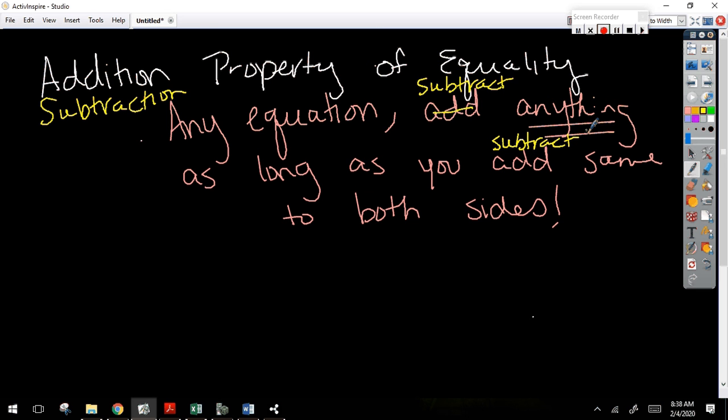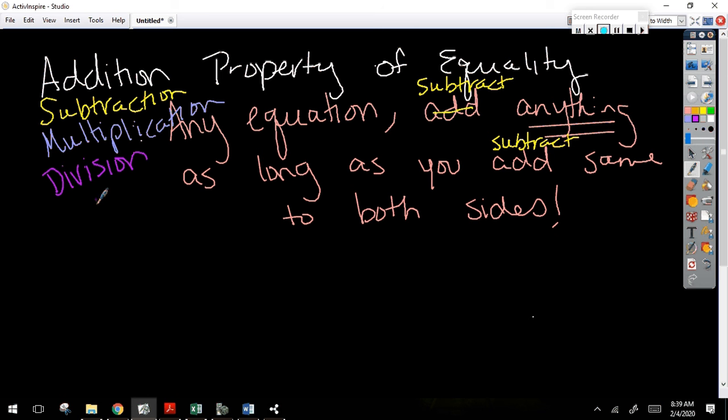Can you guess another property of equality that we have? Multiplication property. I could replace all these words with multiply or multiplication. You're absolutely right, CJ. There's also division. I'm not going to rewrite all of these unless you want me to.